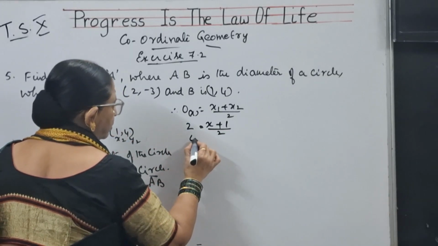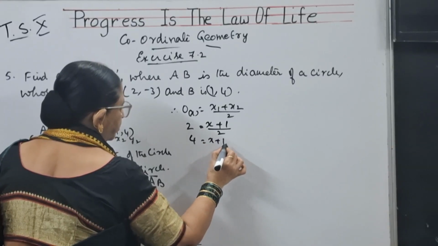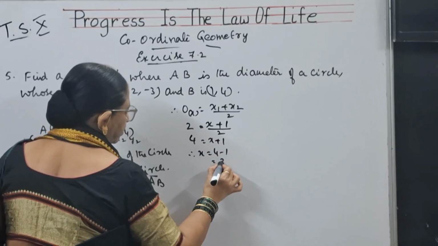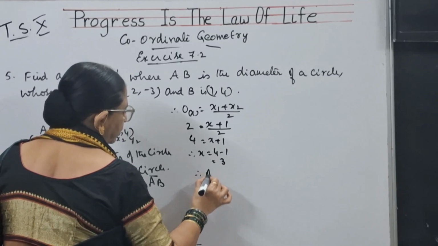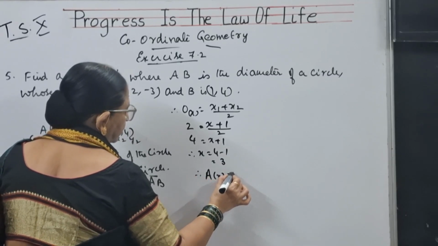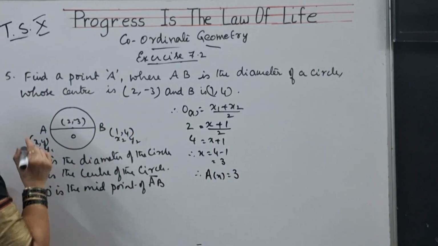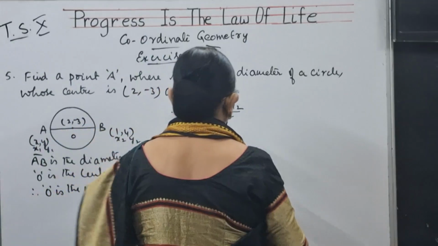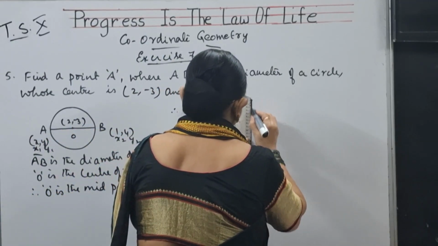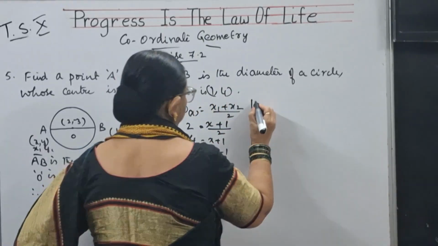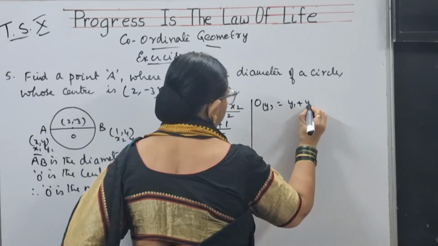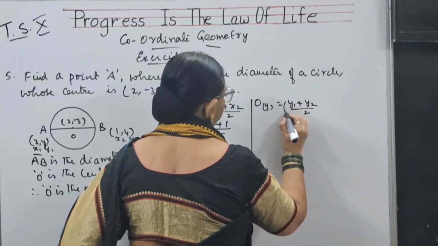That means what, children? 4 is equal to x plus 1. Therefore, x is equal to 4 minus 1, 3. Therefore, A of x is equal to 3. X coordinate of A is 3. Now, O of y, coordinate of y axis. O of y is equal to (y1 plus y2) by 2.